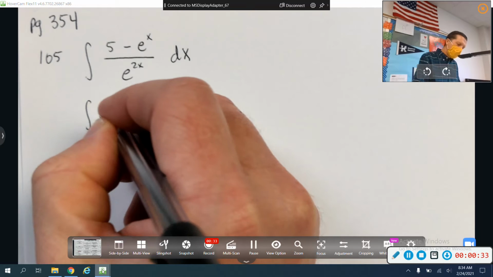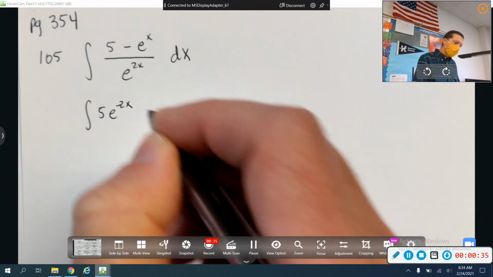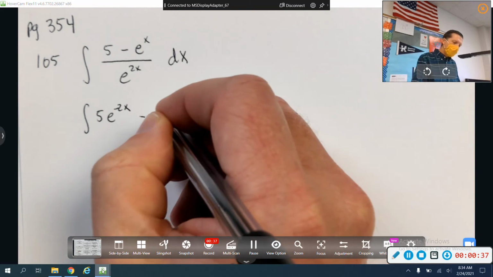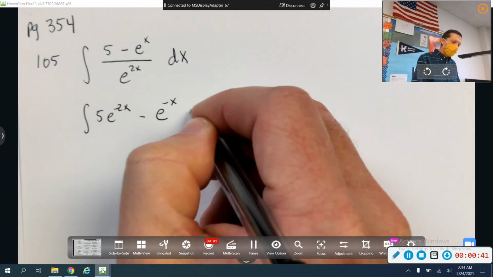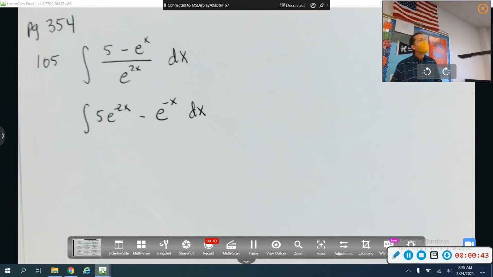So that would be 5e to the negative 2x minus e to the x minus 2x would be negative x. Now we have a shot at working this problem. Some people are going to do it straight away.